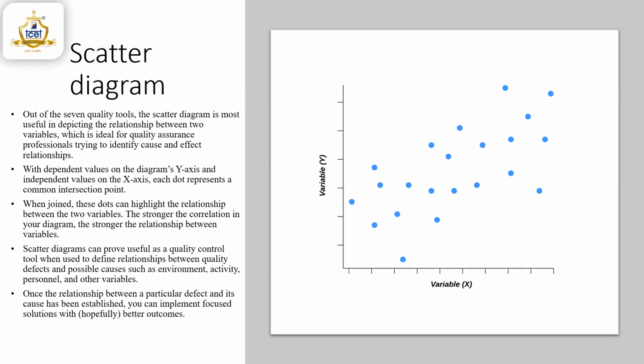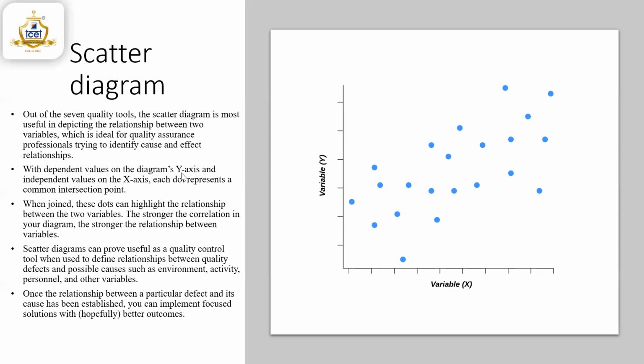Scatter diagrams can prove useful as a quality control tool when used to define relationships between quality defects and possible causes such as environment, activity, personnel, and other variables. Once the relationship between the particular defect and its causes has been established, you can implement focused solutions with hopefully better outcomes.